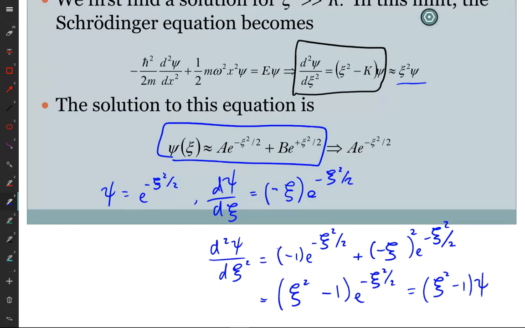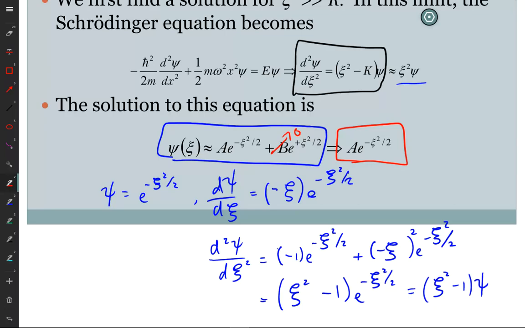It's blowing up. It's not normalizable. And so the only way that this solution can be normalizable is if b is 0. So that's why we have at the end psi is just equal. It must be normalizable. That requires that b is 0.